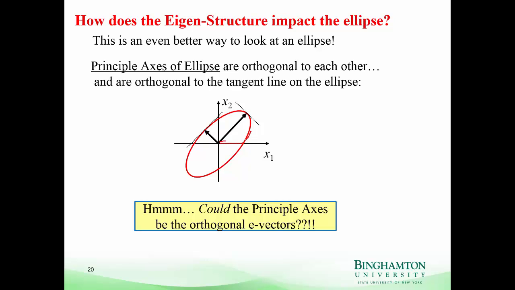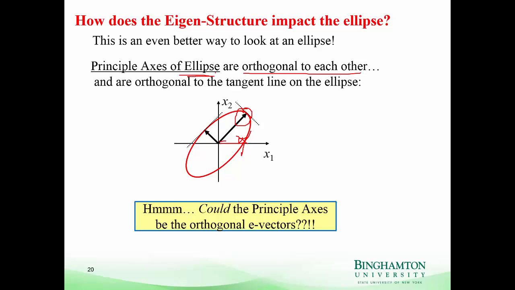Well, the tangent line is here, and that certainly is not a right angle, right? So the only place that the tangent line is orthogonal to the vector is at the obvious edges or endpoints of the ellipse. Those are the principal axes. They're orthogonal to each other.